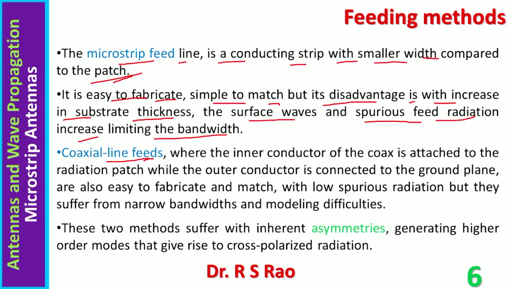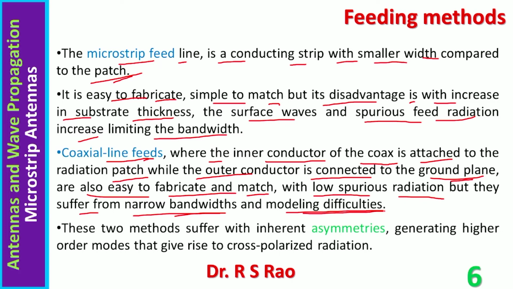Coaxial line feeds, where the inner conductor of the coax is attached to the radiation patch, while the outer conductor is connected to the ground plane, are also easy to fabricate and match with low spurious radiation, but they suffer from narrow bandwidths and modeling difficulties.